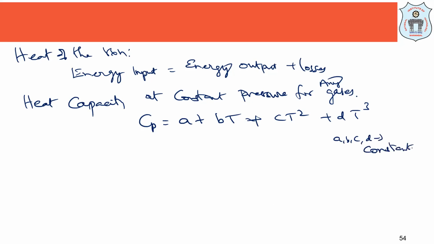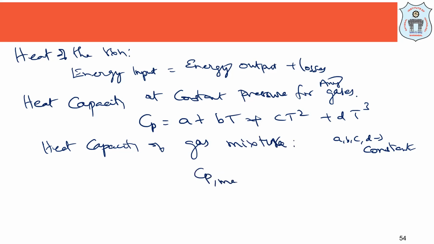Remember, from literature or even from Perry's handbook or any thermodynamic books, for any substance you will be able to get A, B, C, D values. Okay, so that gives the Cp value, the heat capacity. And heat capacity of a gas mixture, how do we get it? It is the Cp mean value of a gaseous mixture.